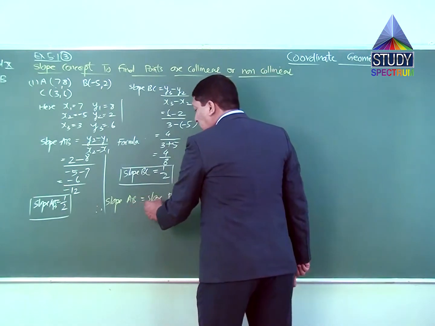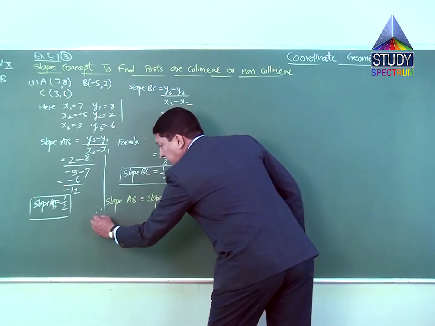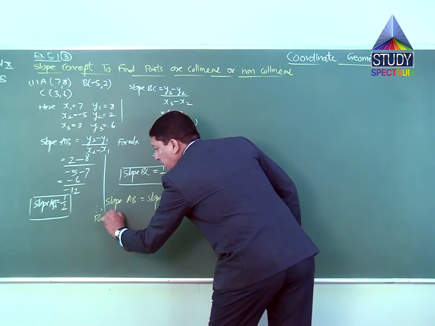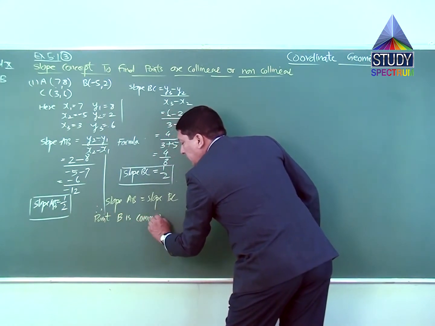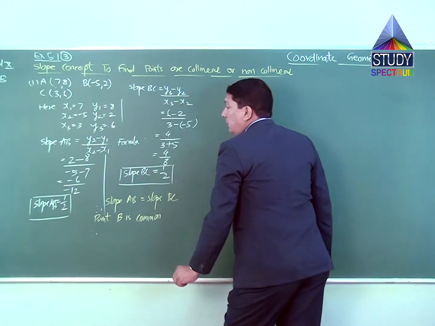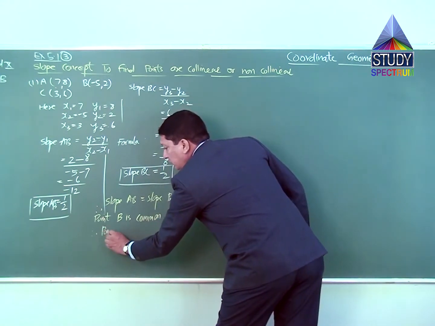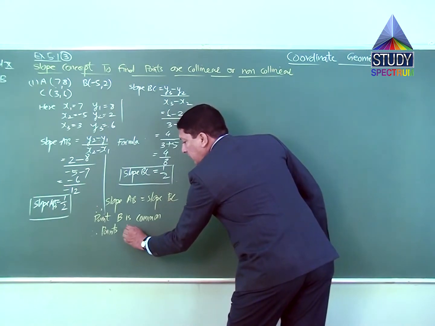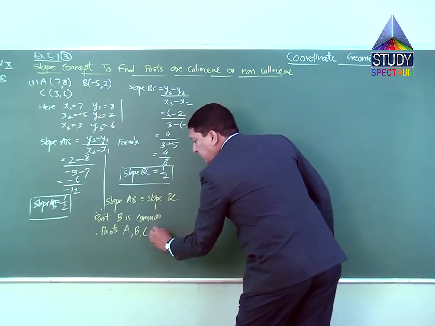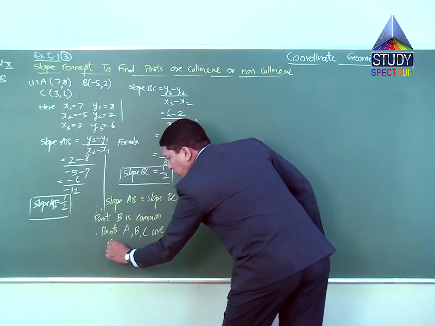So slope AB is equal to slope BC. Also I can write point B is common. Therefore, which points are given to us? A, B, C are collinear.